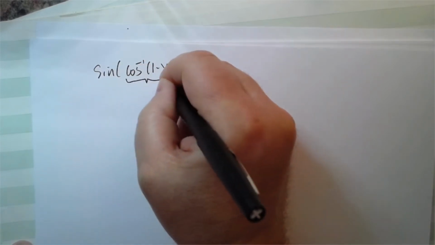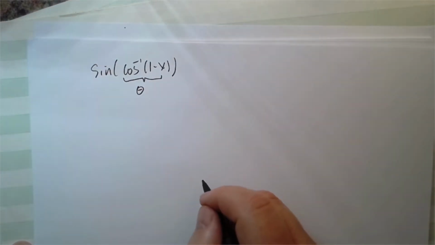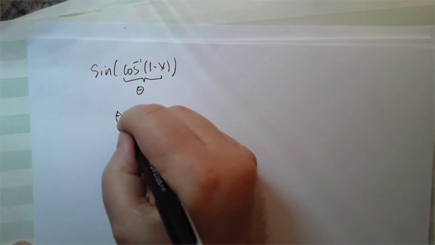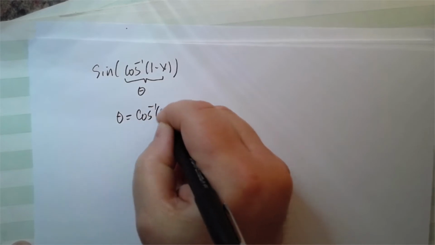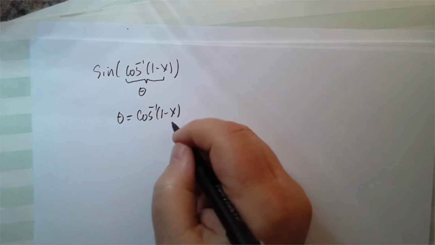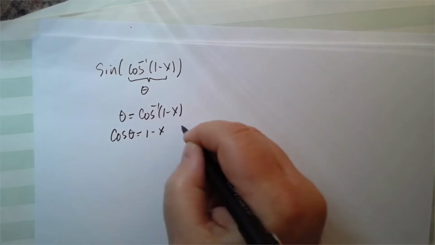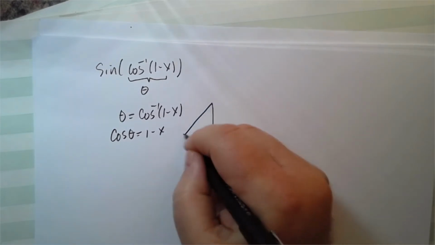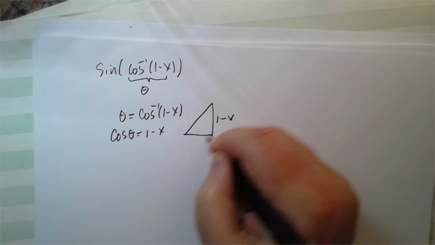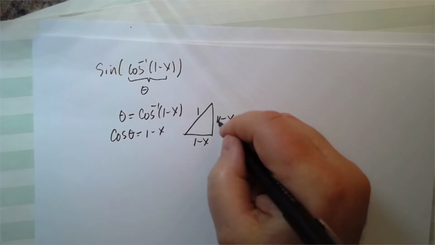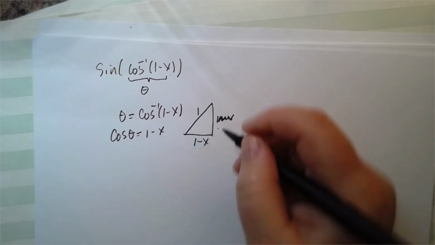Again, this is an angle, right? Inverses are angles, so I can say theta is equal to cosine inverse of 1 minus x. So the cosine of theta is 1 minus x, which on a triangle is adjacent over hypotenuse. So we need to figure out this side.